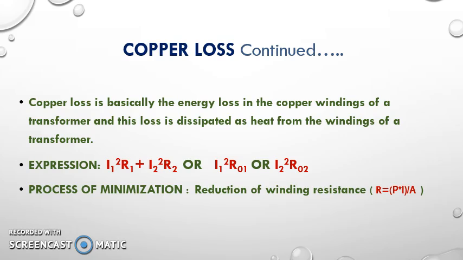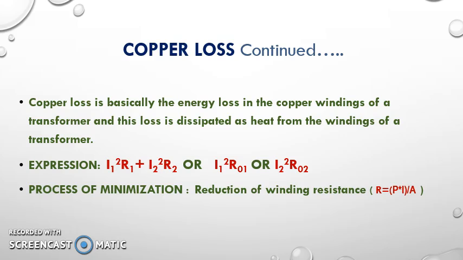In this expression, we have not shifted the parameters of the secondary to the primary or the parameters of the primary to the secondary. That means we have not utilized the equivalent circuit referred to the primary or referred to the secondary. If we can find out the total resistance referred to the primary, that means R01, then in terms of R01, we can write the total copper loss as I1 square R01.